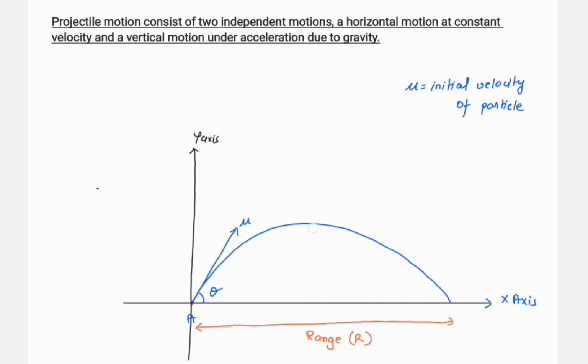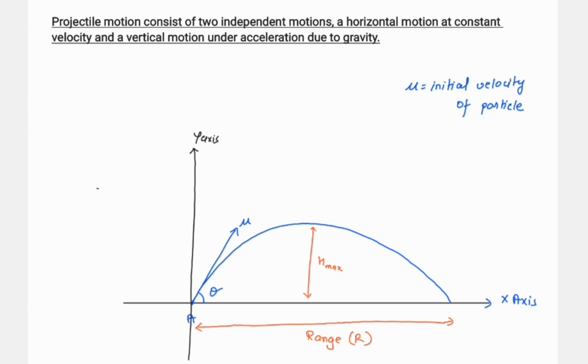Similarly, this will be known as the height of the projectile. How far the projectile has moved in the y-axis is known as the height of the projectile, or you can say the maximum height of the projectile.